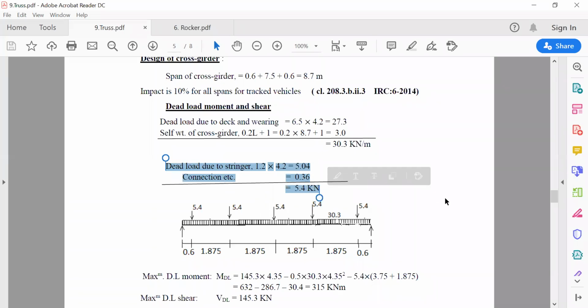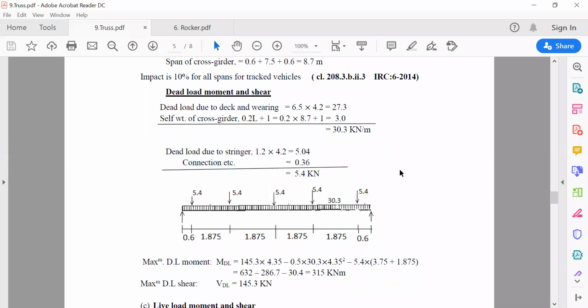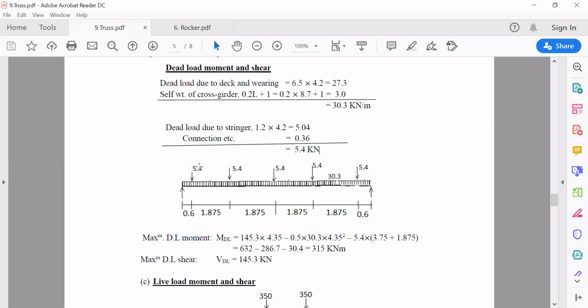Now ultimately what you have got is that the stringer is giving a point load of 5.4 everywhere. 5 stringers, so 5 point loads.